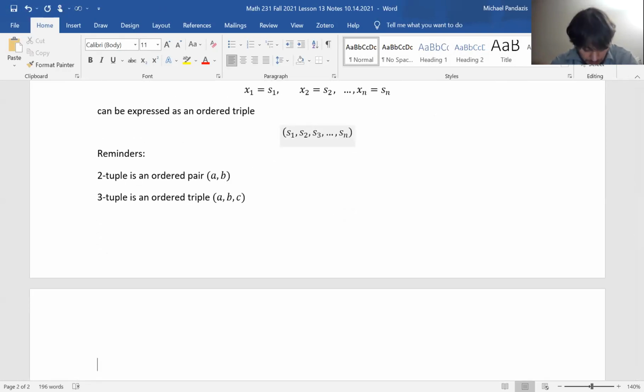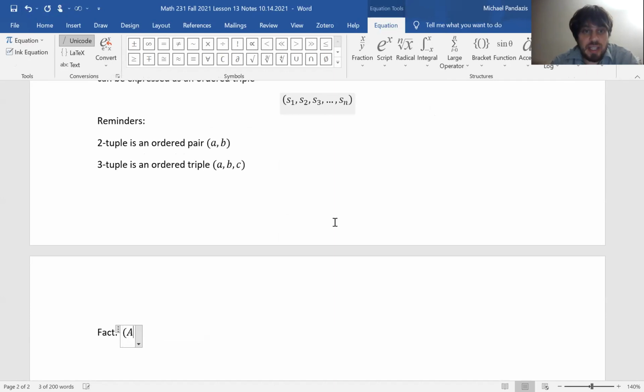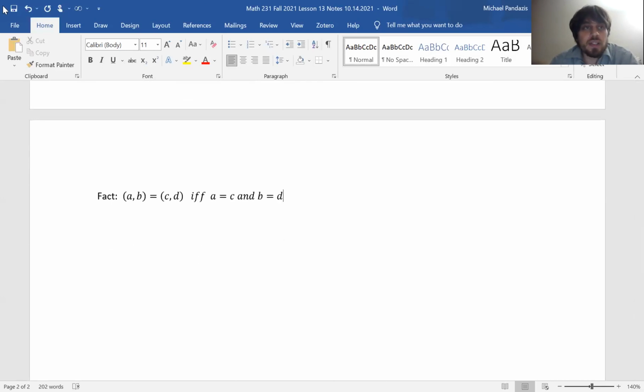Also, saying that a comma b as an ordered pair is equal to c comma d is equivalent, or if that equation is true, if and only if a equals c and b equals d. Okay, so what that means is that two ordered pairs are the same if and only if their first members are the same, a equals c, and their second members are the same, b equals d.